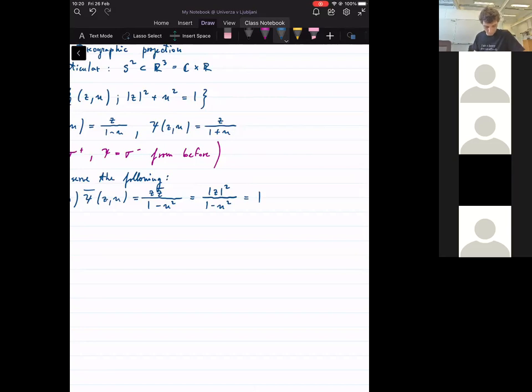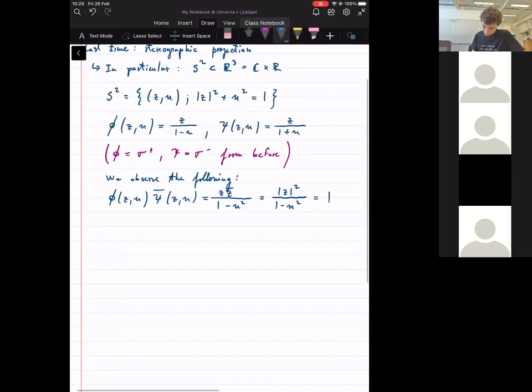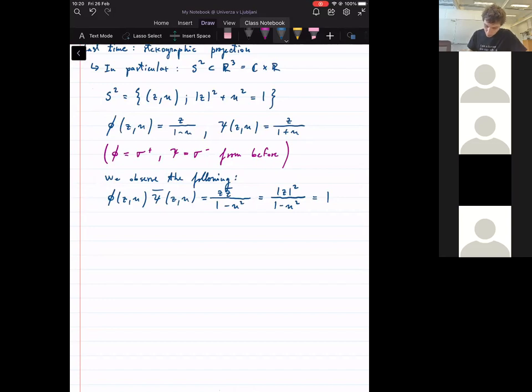Furthermore, if we write theta equal to psi conjugated of z, u, we may express (z, u) as psi conjugated inverse of theta.